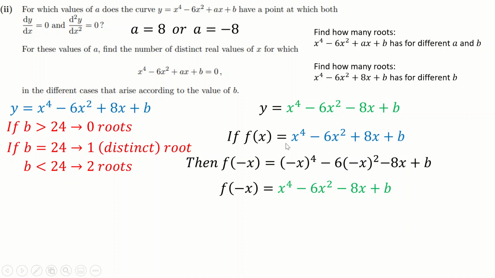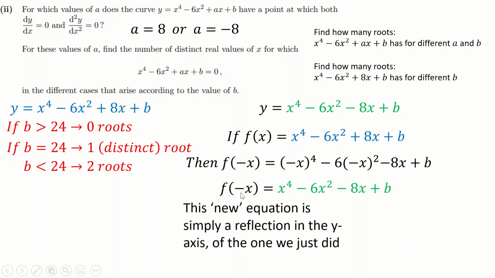So therefore, the original graph reflected in the y-axis is our new graph, because this is just a reflection in the y-axis. But what happens when we reflect a graph that looks like this in the y-axis?